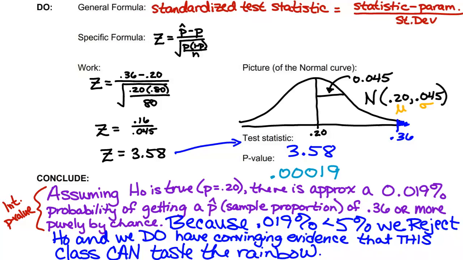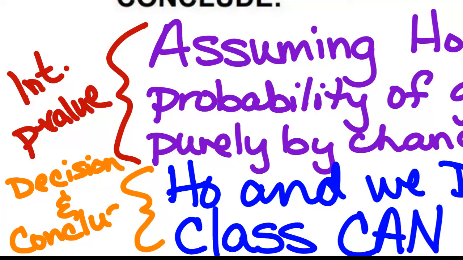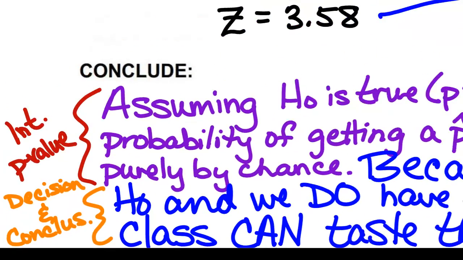So first, we interpret the p-value, and then we make our decision, that's to reject or fail to reject. And our conclusion, which needs to include context.